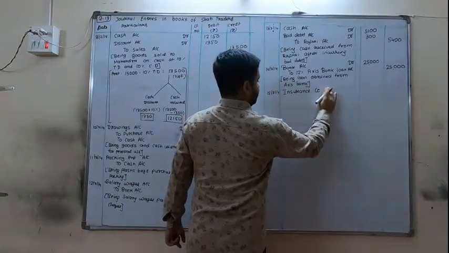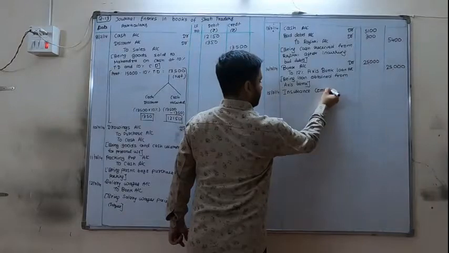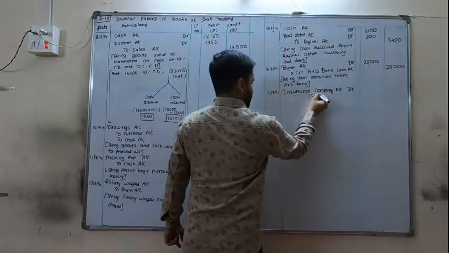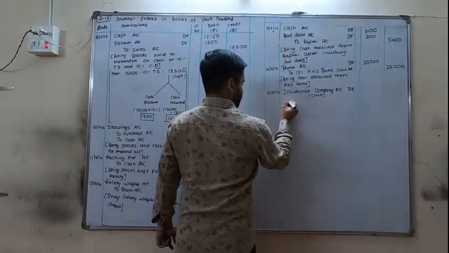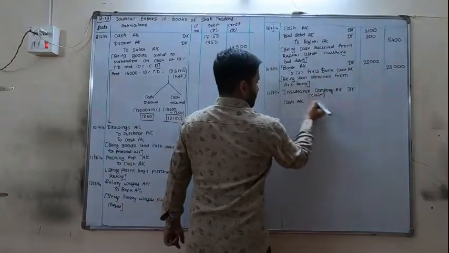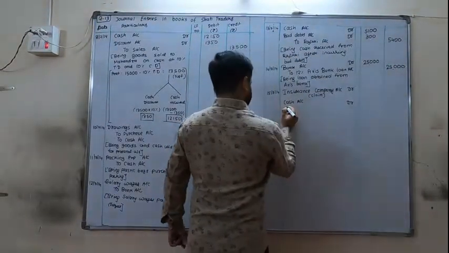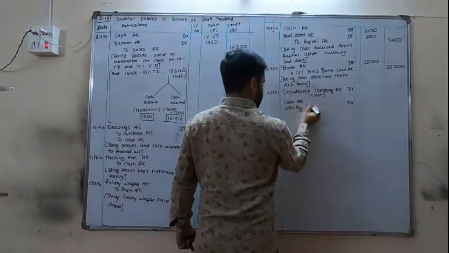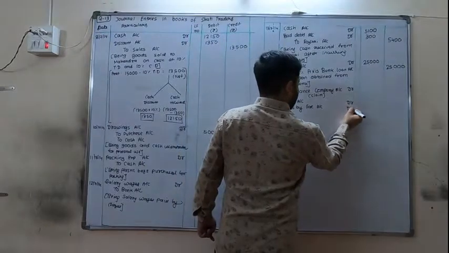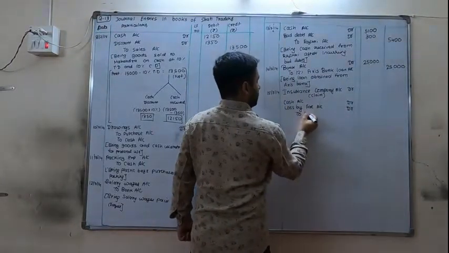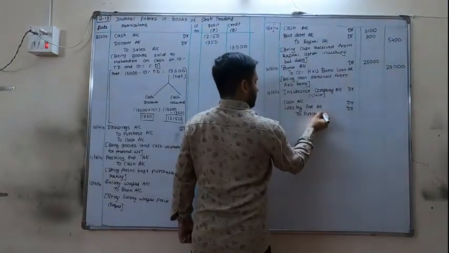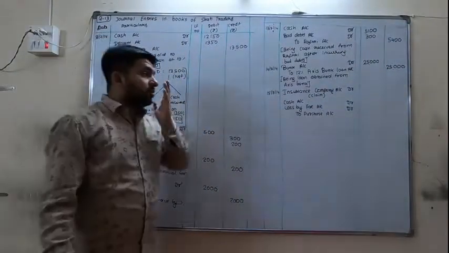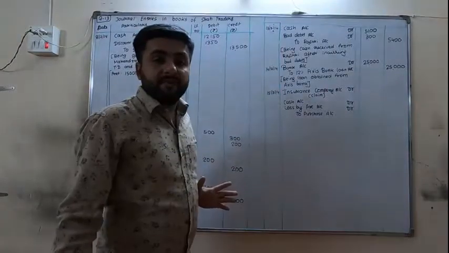Insurance company account debit, in brackets I am writing claim. Cash account debit. Loss by fire account debit, to purchase. Friends, you need to know every type of thing.